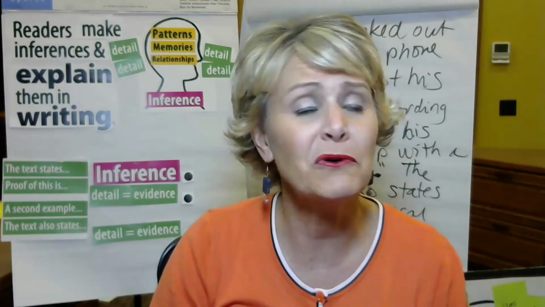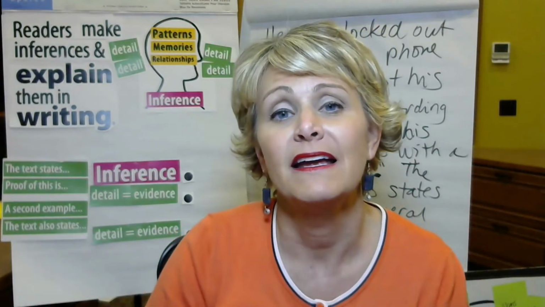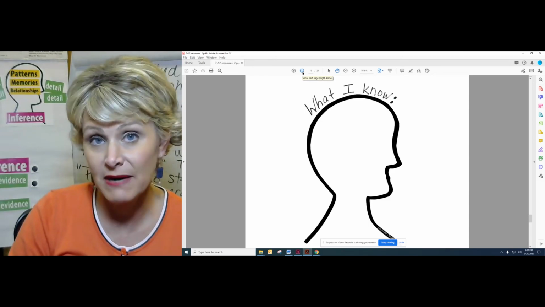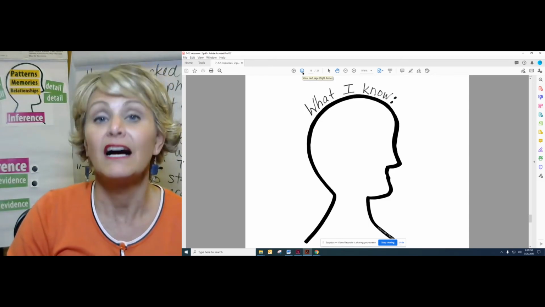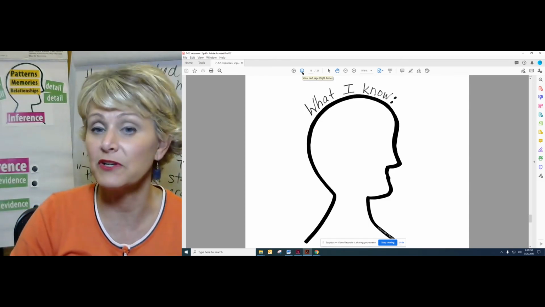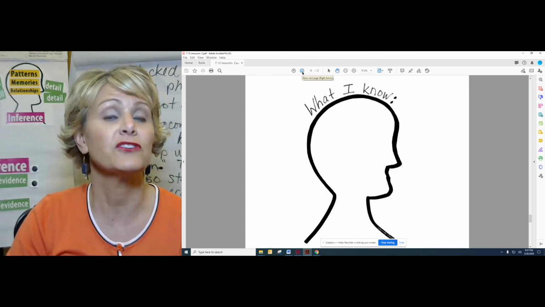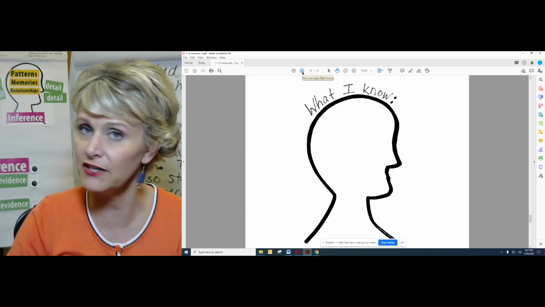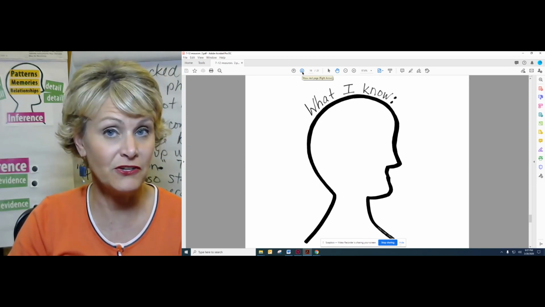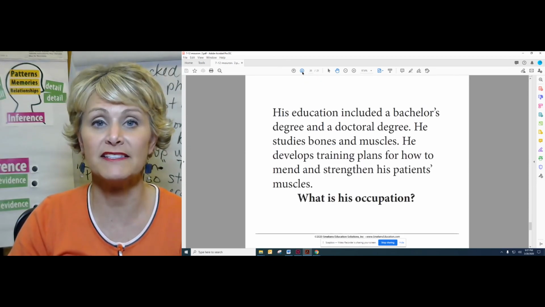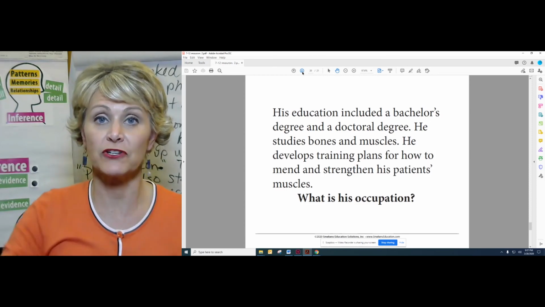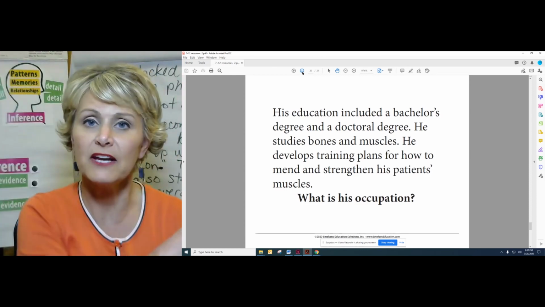I have 2 more short passages and another silhouette head. You are going to get game day ready right here. We're going to bring it all together. Again, you can draw 2 silhouettes. You can trace the silhouette twice. You can print it off twice. But what I want you to do is read this passage and figure out his occupation first on the silhouette head, then write the response.